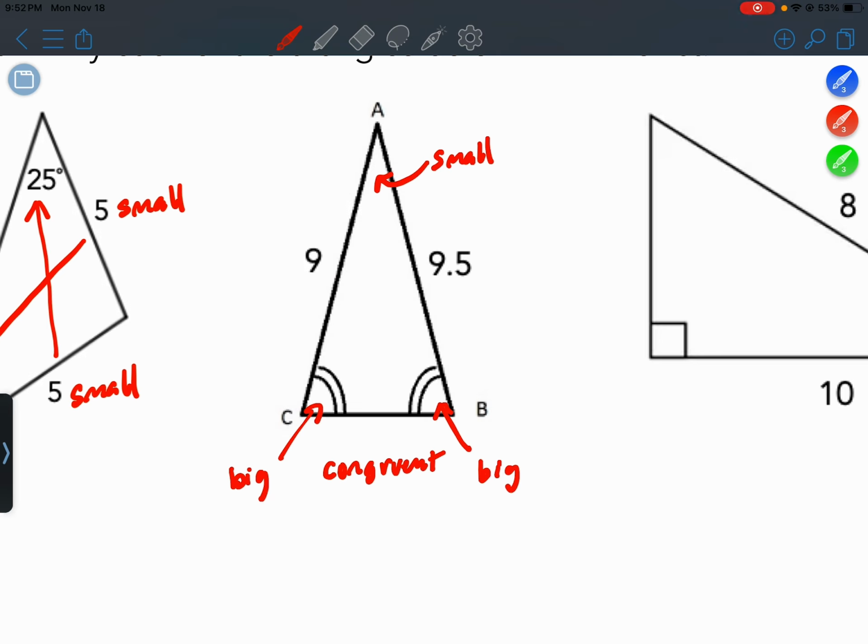And so big angle should be across from big side. Oh, wait, they're different? That doesn't make sense. If the angles have the same measure, then the sides across from them should be the same too. So either they're both 9 or they're both 9.5, but they can't be different values.